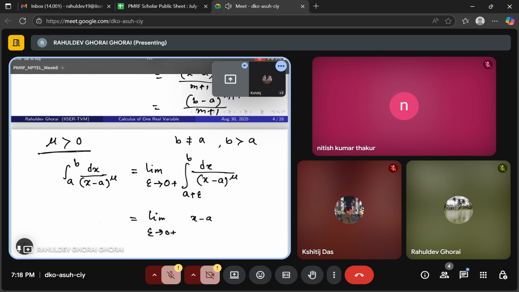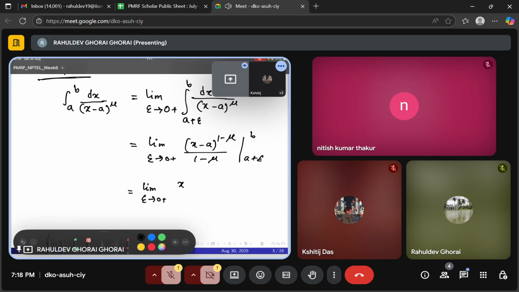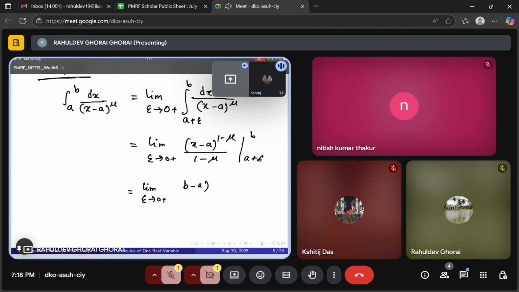What will this integration be? x minus a to the power 1 minus mu over 1 minus mu, from a plus epsilon to b. That is the limit as epsilon tends to 0 plus of b minus a to the power 1 minus mu over 1 minus mu, minus, if you put a plus epsilon there, epsilon to the power 1 minus mu over 1 minus mu.